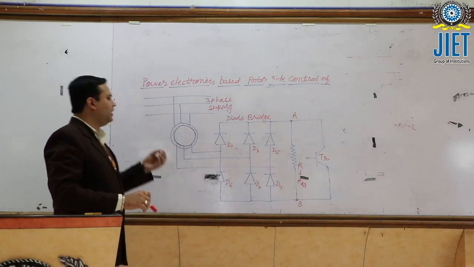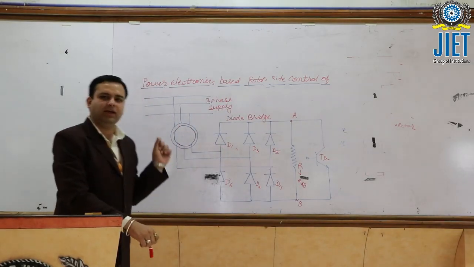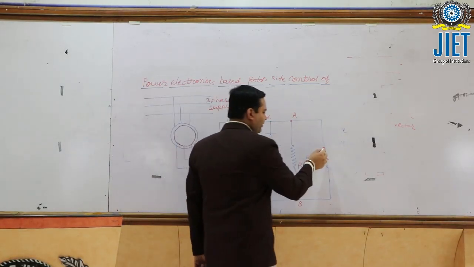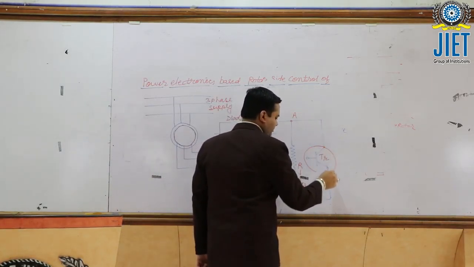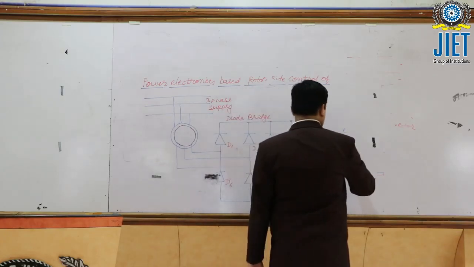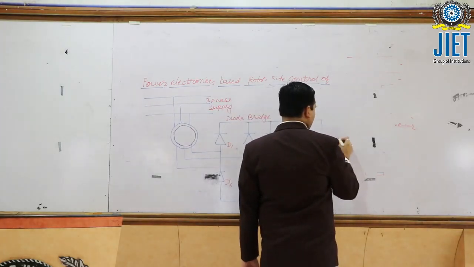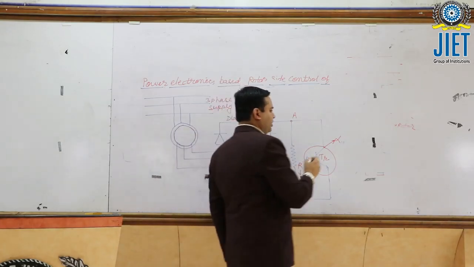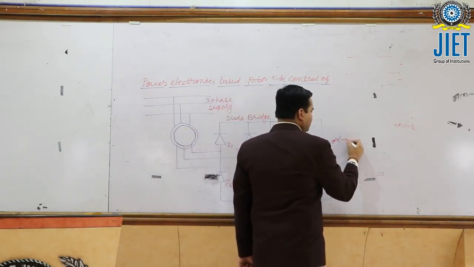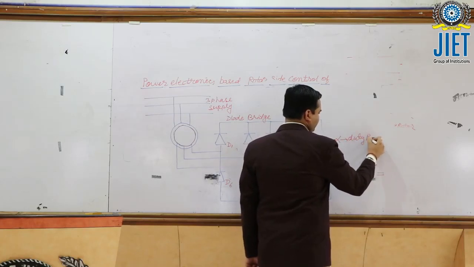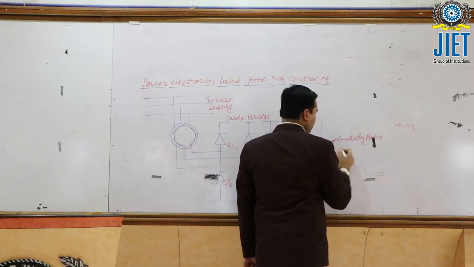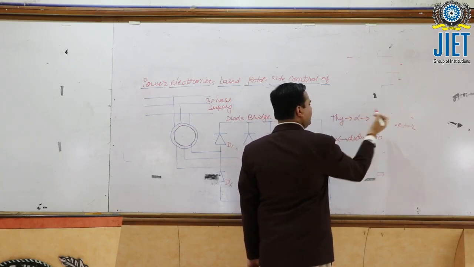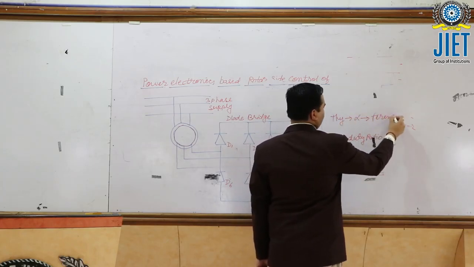Now the basic fundamental principle of static rotor resistance control is that if we change the level of this transistor alpha, here you should note that in case of transistor chopper, the value alpha is the duty ratio, and if we are talking about the thyristor, then alpha is generally used for the firing angle.